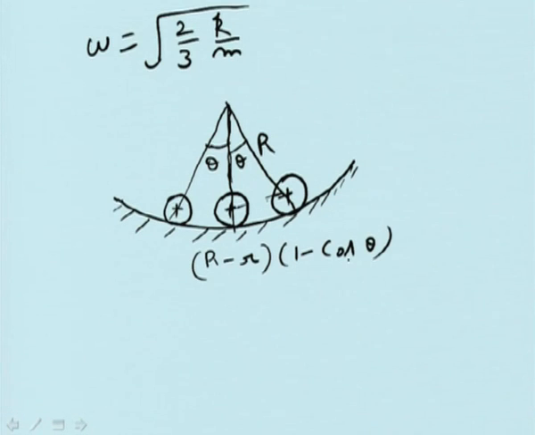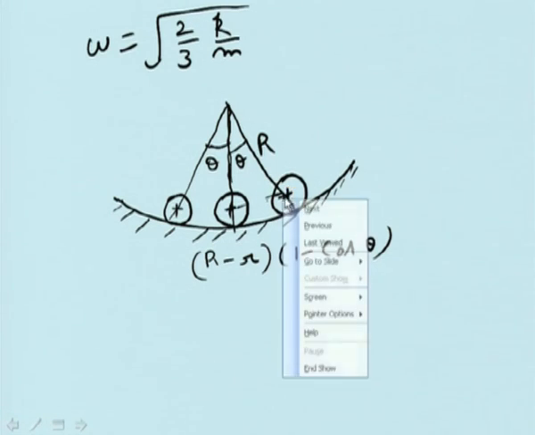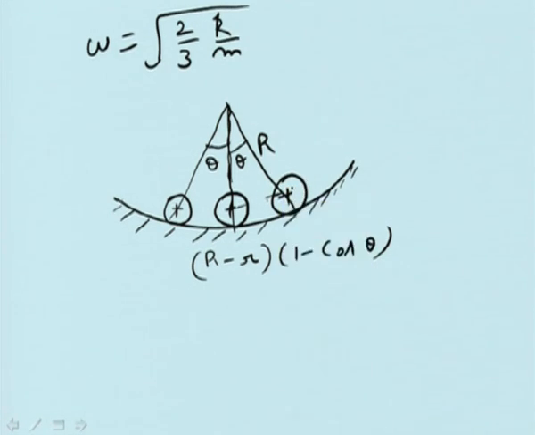That is the increase in the height of the center of the cylinder. Cylinder is of radius r, so this distance is R minus r. Therefore, this is R minus r into 1 minus cos theta.